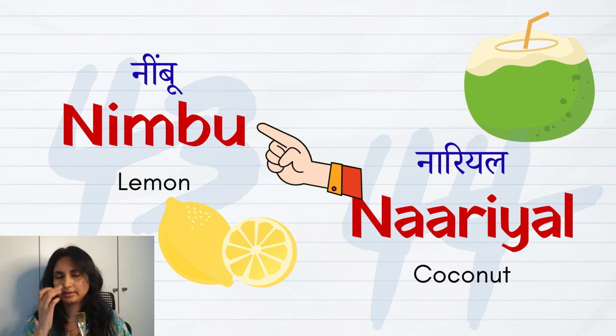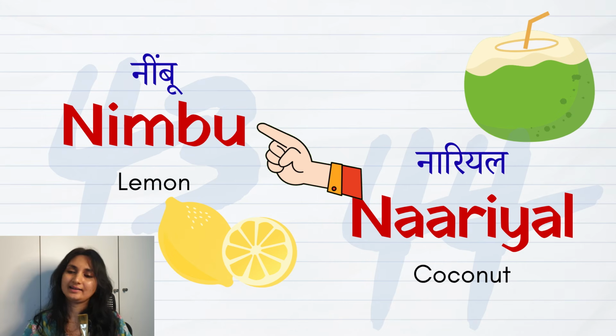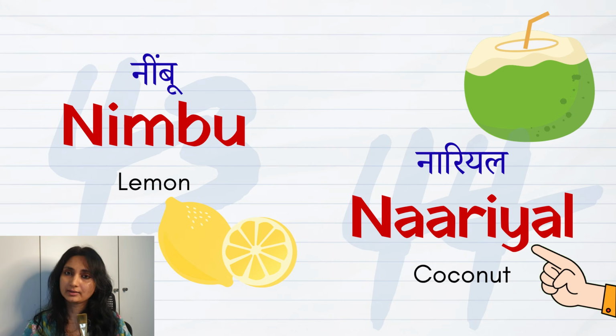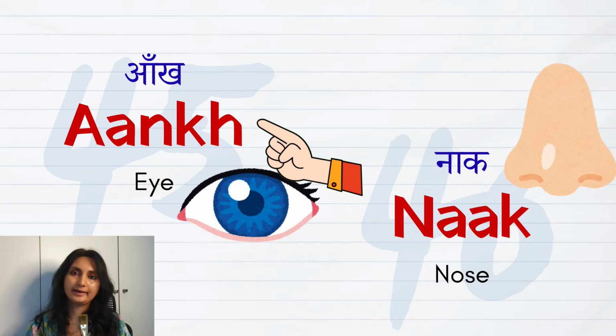It's the same thing. And then we have the word for coconut, which is nariyal. And nariyal is also singular, plural, both the same. Now let's move on to body parts and body organs and all of that. So the first thing is aankh.